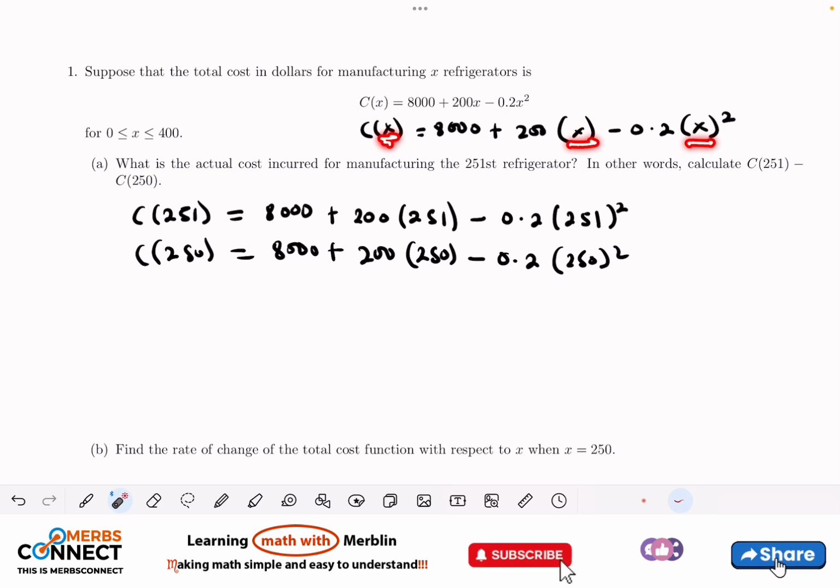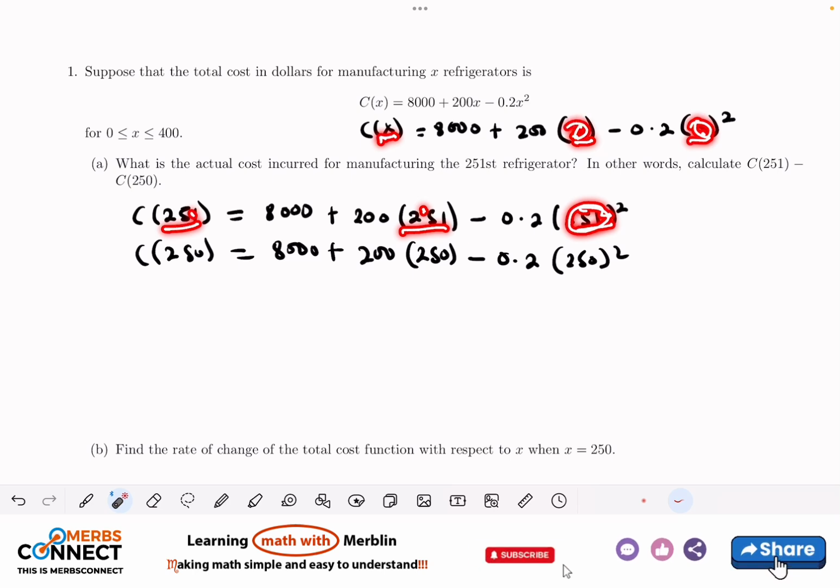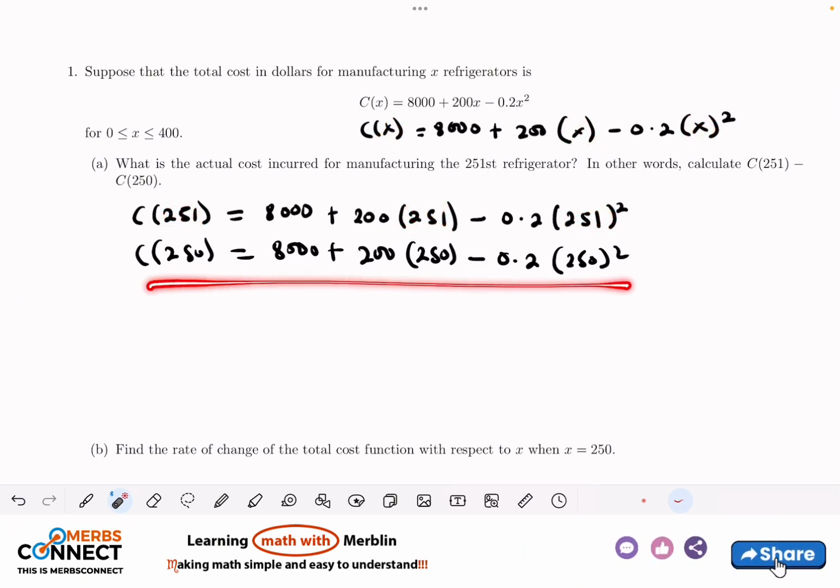Now my x is equal to 251, so all the x is going to change to 251. You can see that when I'm matching this one with this one, I have 251 here, 251 here, 251, 251, matching with the x. The same thing for this one too.